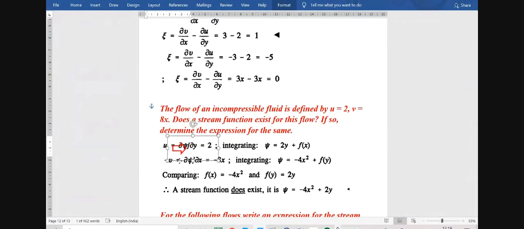So if you integrate this, what will you get? Dou psi by dou y is equal to 2, so dou psi is equal to 2 dou y. If you integrate, psi is equal to 2y plus a constant of integration.